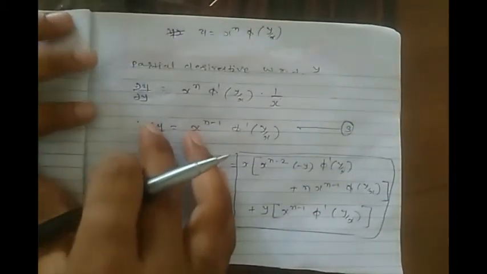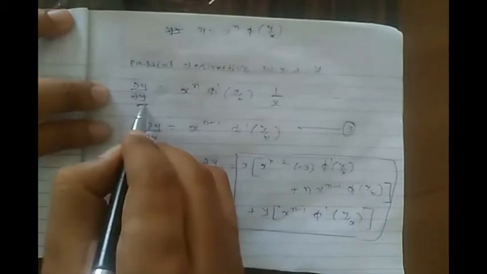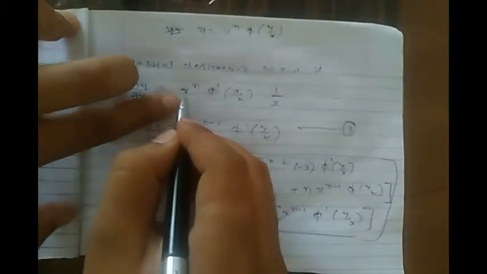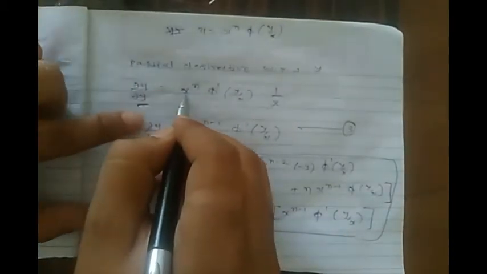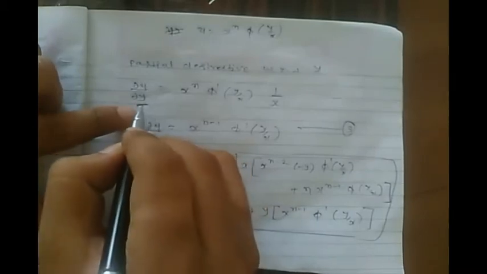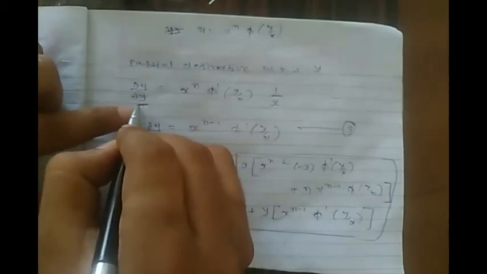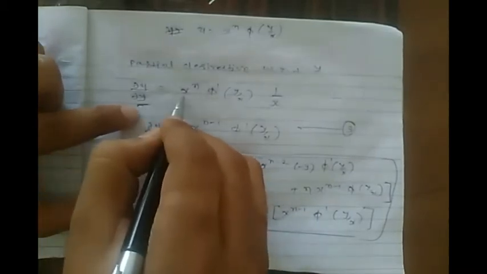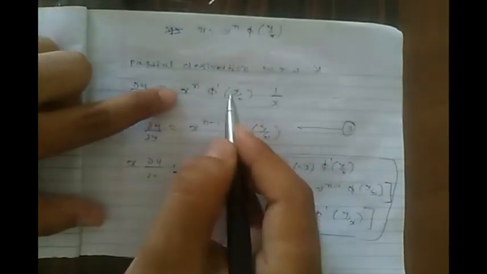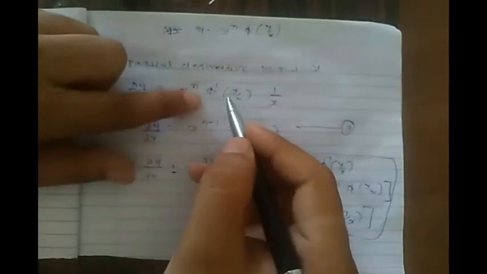Now I will differentiate equation number 1 with respect to y. So del u by del y is equal to, x is a constant when you take the partial derivative with respect to y. So x raised to n is as it is. Now I will partially differentiate only these functions.